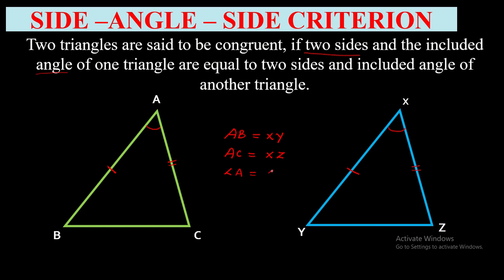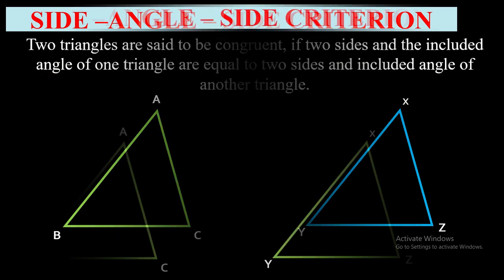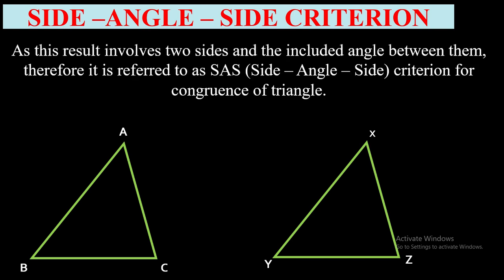So here angle A, and from this triangle XYZ, it's angle X. So we are having two sides of one triangle and the included angle equal to two sides and the included angle of another triangle. Then we say that the two triangles are congruent by the side angle side criterion for congruence of triangles.